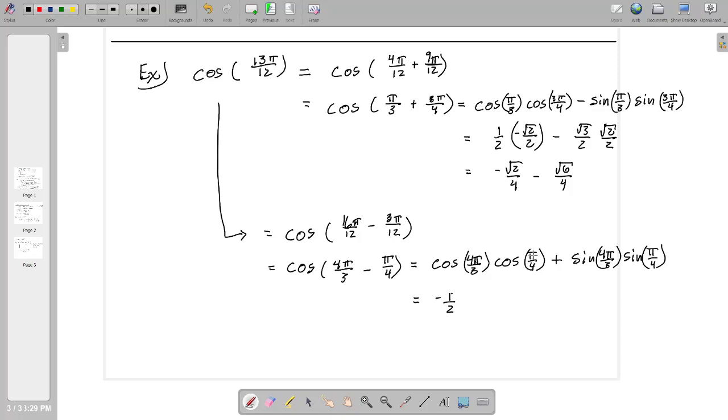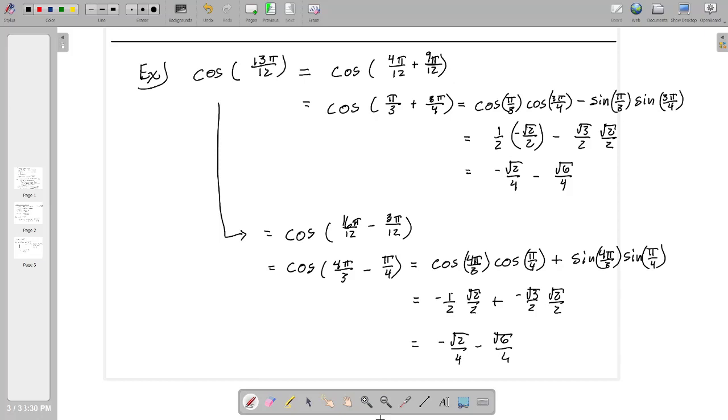Cosine of pi over 4, of course, is root 2 over 2. Plus, sine of 4 pi over 3 is negative root 3 over 2. And sine of pi over 4 is, of course, root 2 over 2. We get the same answer, negative root 2 over 4 minus root 6 over 4.